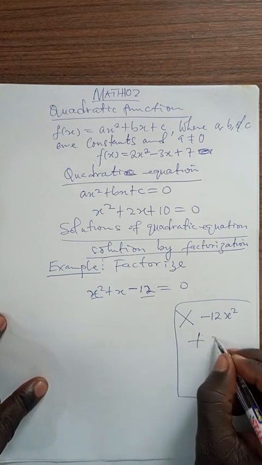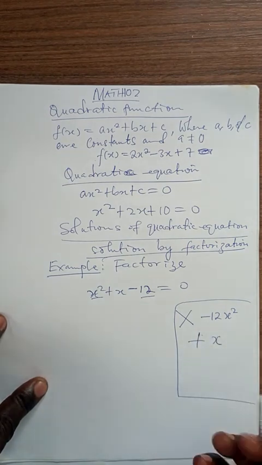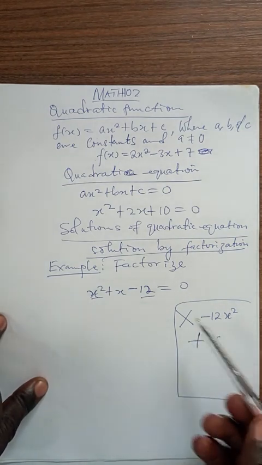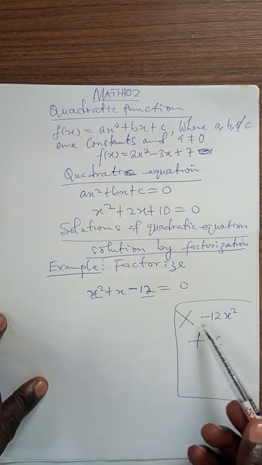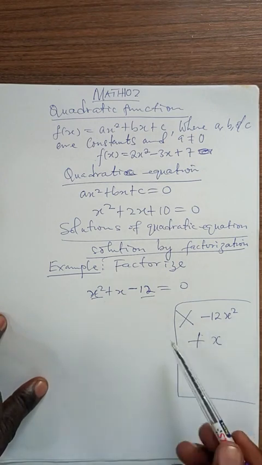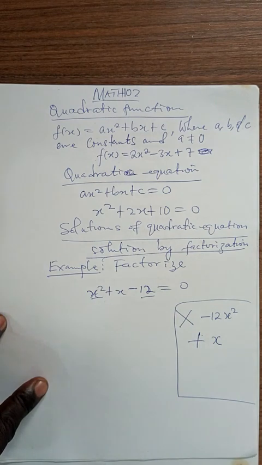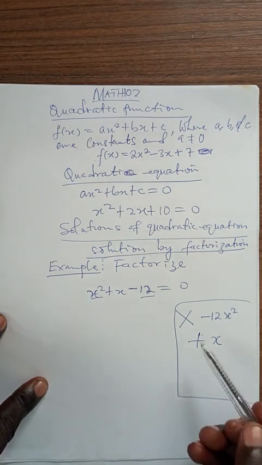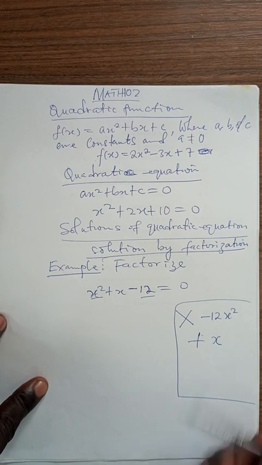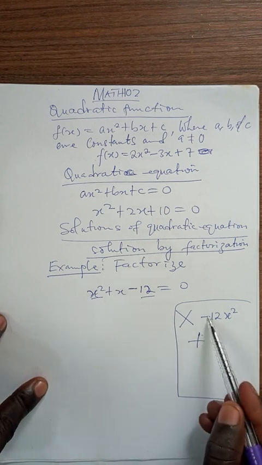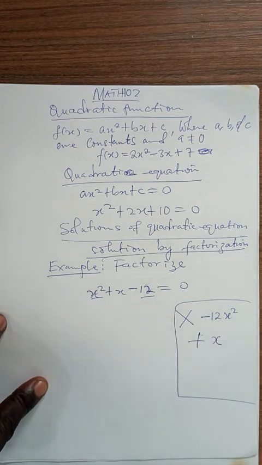So you think of two terms in x which, if you multiply them, will give you the product of the first and the last term, and if you add them, you get the middle term. And one of the factors must contain a negative sign because the product of the first and the last term contains a negative sign.